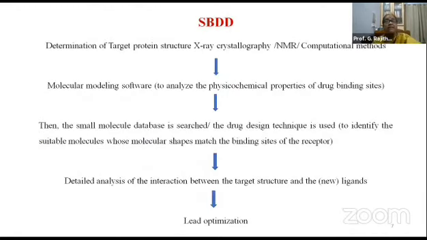So this is the simple flow chart in structure-based drug design. First we determine the 3D structure of the target. Then we do the molecular modeling by analyzing the physicochemical properties.